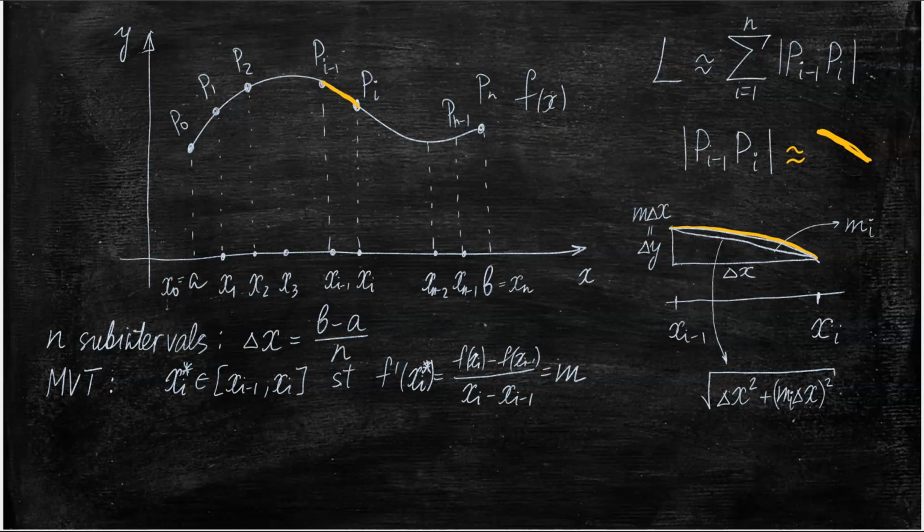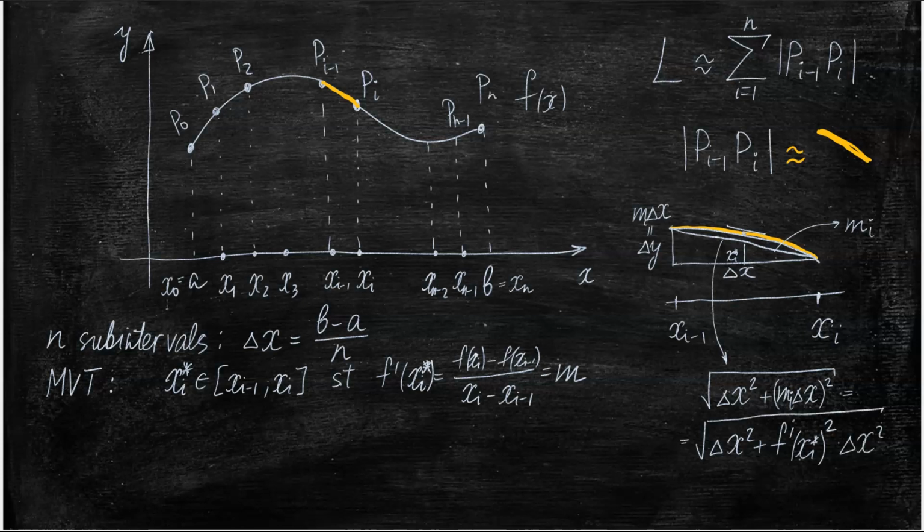So in this case, we'll just pick xi star here, and then at this point, the slope will be equal to mi. Now, what does that mean? Well, that means that instead of mi, we would put f prime of xi star, and we would square it.